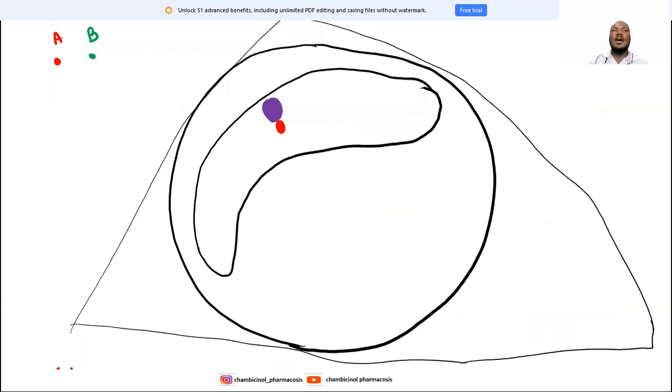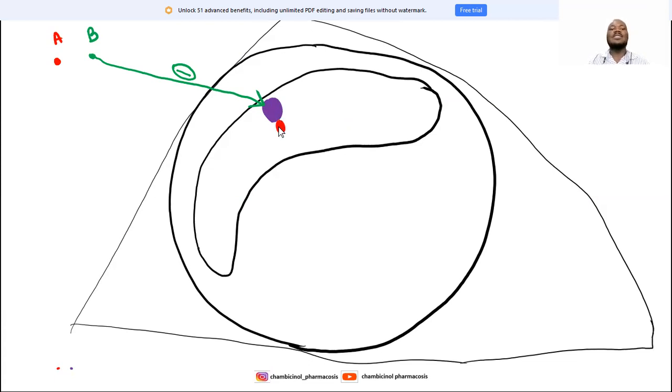But for the case of inhibition, here you can see this drug A has to enter the liver and be metabolized by the microsomal enzyme, which is represented by this purple dot. If drug A is taken along with drug B, drug B has a tendency to inhibit this enzyme so that drug A will not be metabolized.